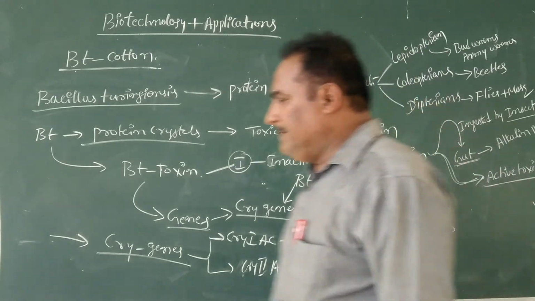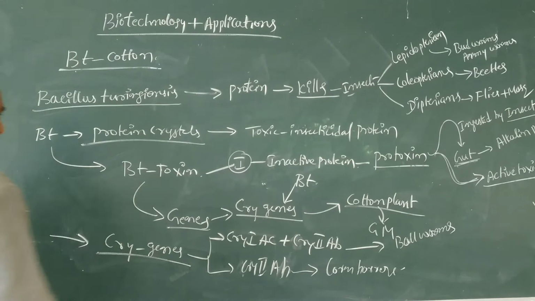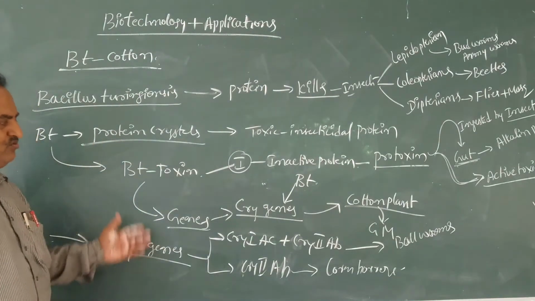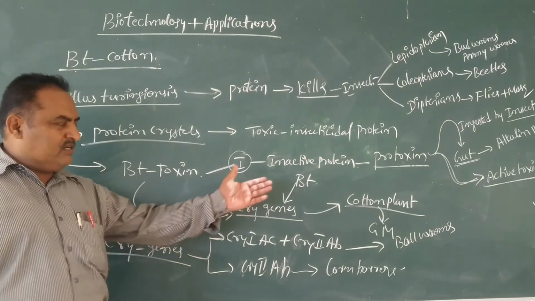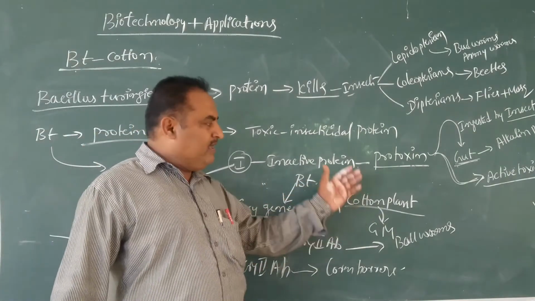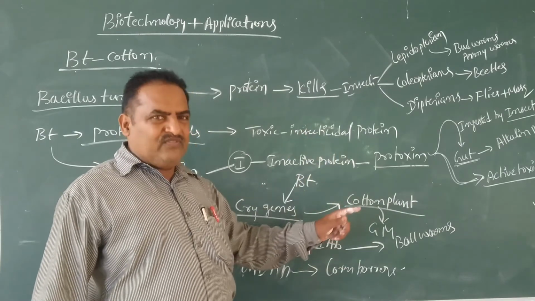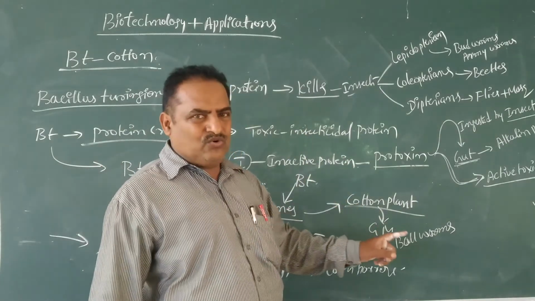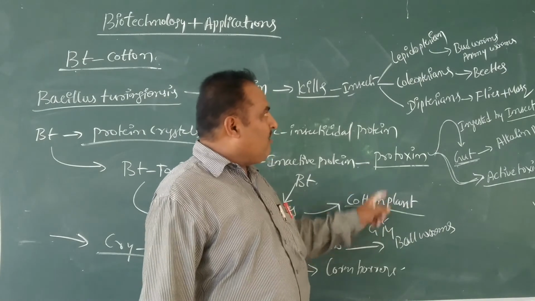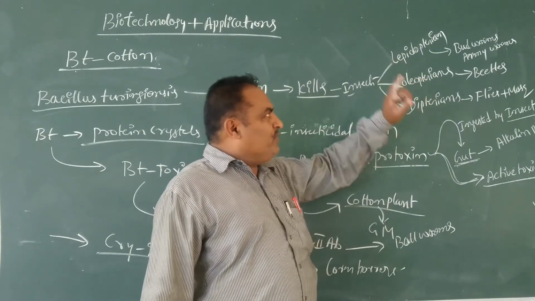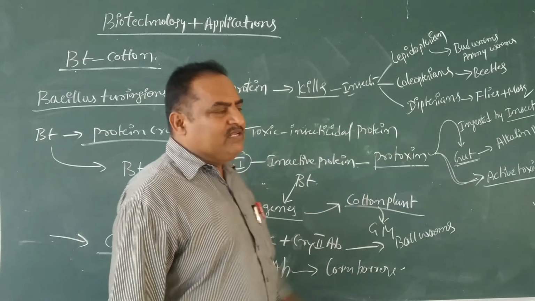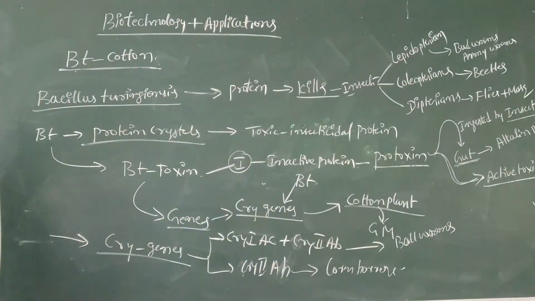The genes which are extracted from the bacteria are inserted into the cotton plant. That plant then resists insects like lepidopterans, coleopterans and dipterans. Through the biotechnological process, the plant is raised, and that plant is called Bt cotton.